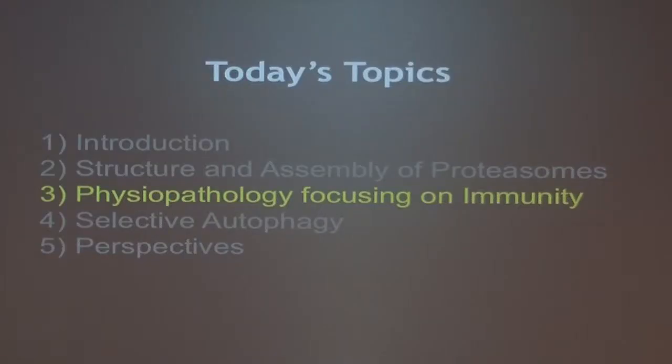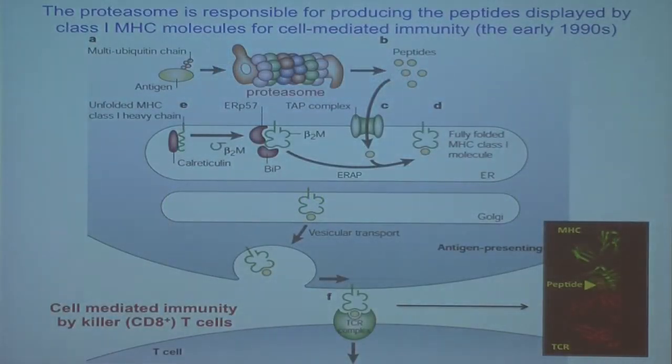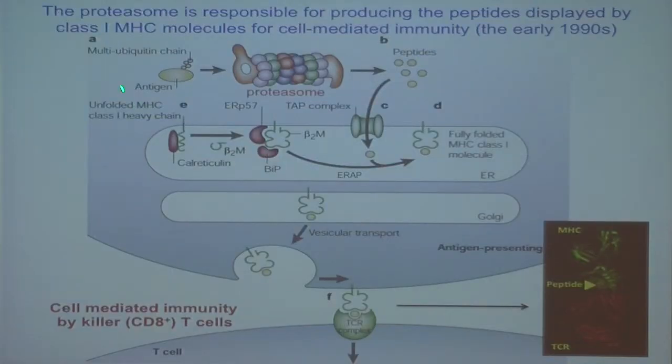We have been studying cell cycle and stress response of proteases, but today I focus only on immunity. This is my main subject. As you know, in cell-mediated immunity, this is not antibody formation, but for example, responses to viral protein or tumor antigen.